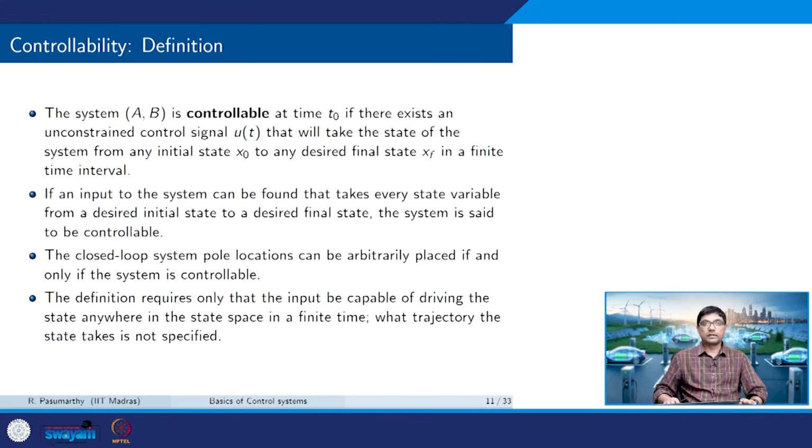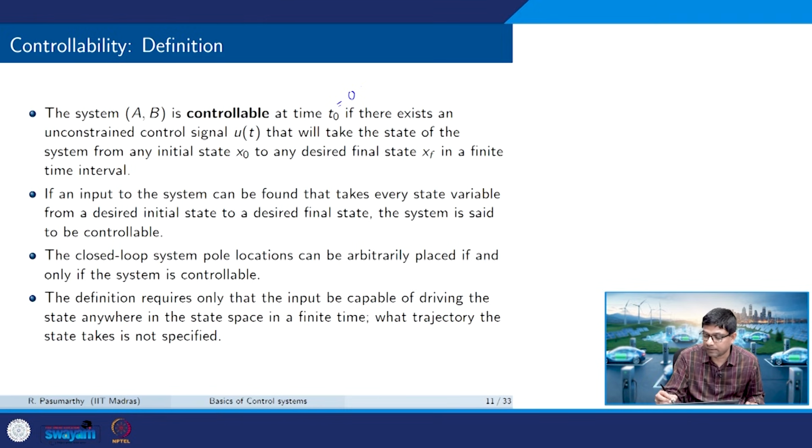A system is controllable at time t0. For simplicity, let us assume the initial time is 0. If there exists an unconstrained control signal, I don't really worry about how large the input value would be, that will take the system from any initial state to any desired final state in a finite time interval.